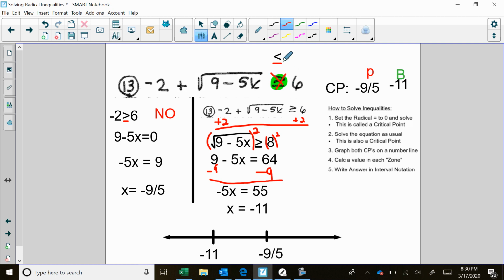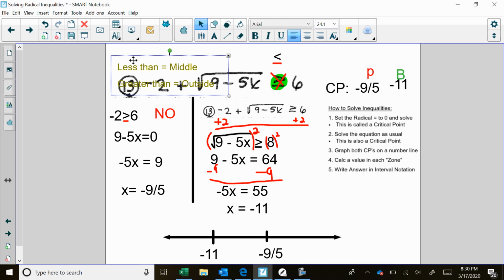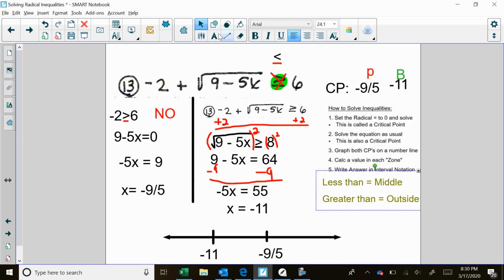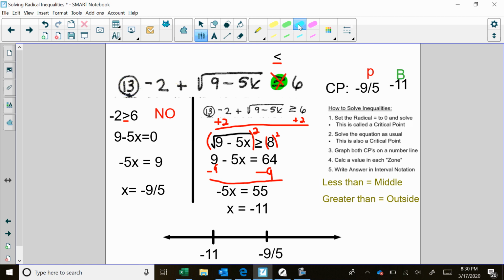So we now have a less than or equal to sign. So what does less than mean? Less than tells us you guys better be shading this in the middle. So this gets shaded right there.